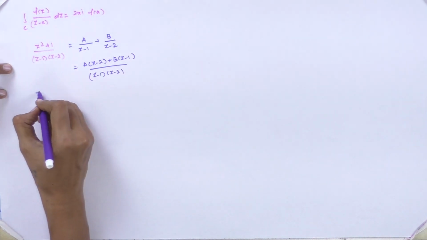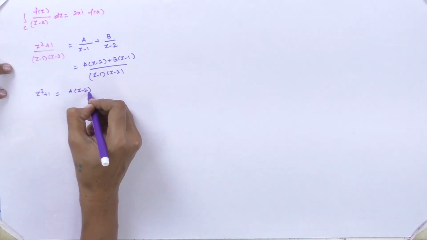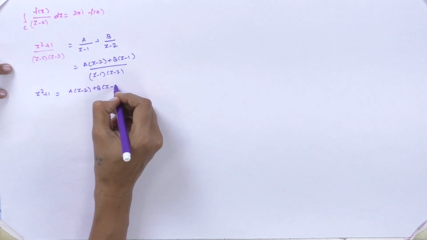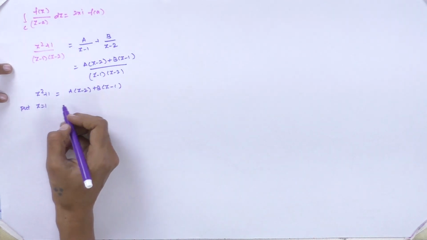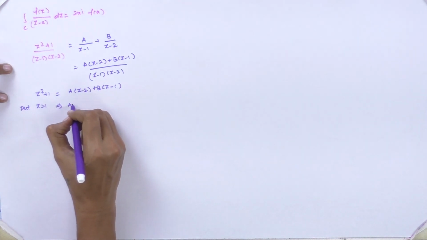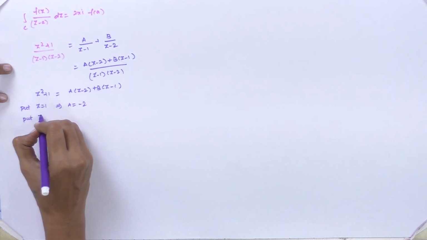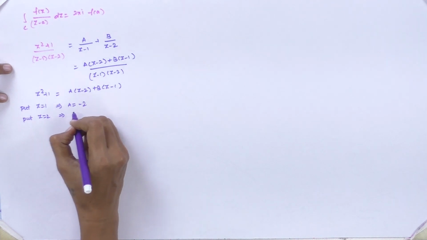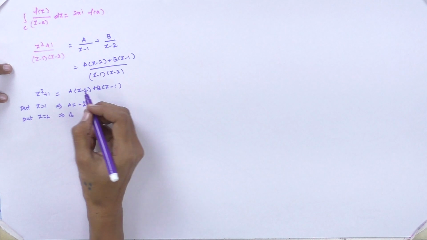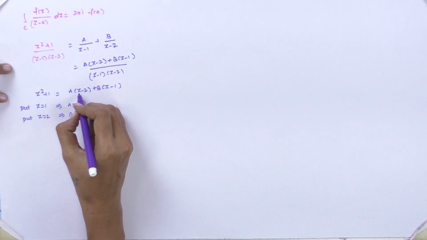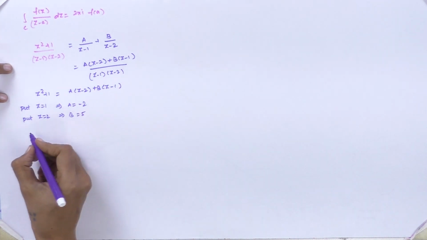Cancelling the denominators, taking LCM, we get z square plus 1 is equal to a into (z minus 2) plus b into (z minus 1). Put z equal to 1 in this equation, which implies a is equal to minus 2. When we put z equal to 2, the a term becomes 0 since 2 minus 2 is 0, so b will be 5.